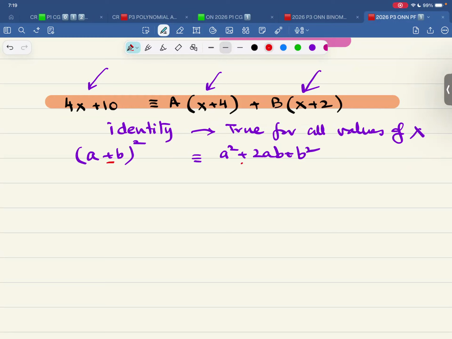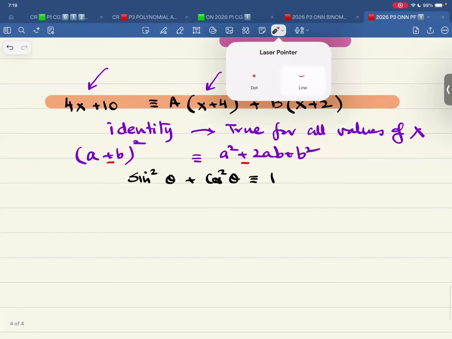And then we have the trigonometric identity: sine square theta plus cos square theta is identical to 1. So now similarly, if I think a little bit wisely, let me choose x equals negative 2.